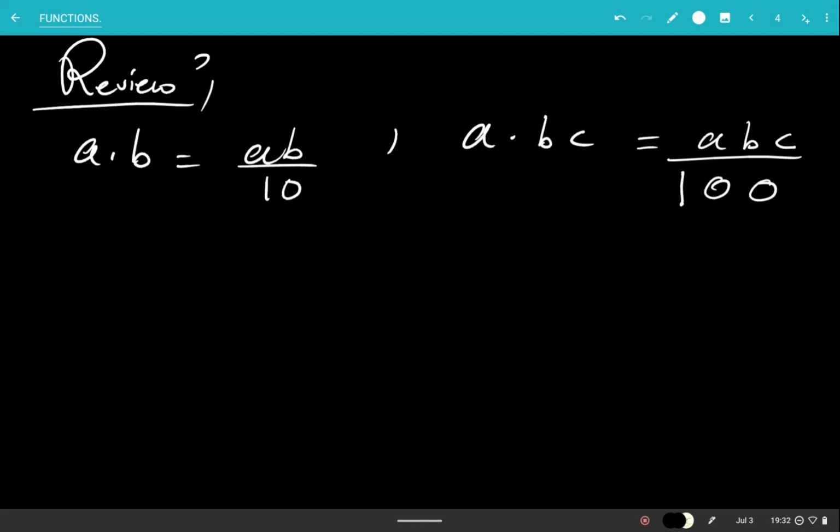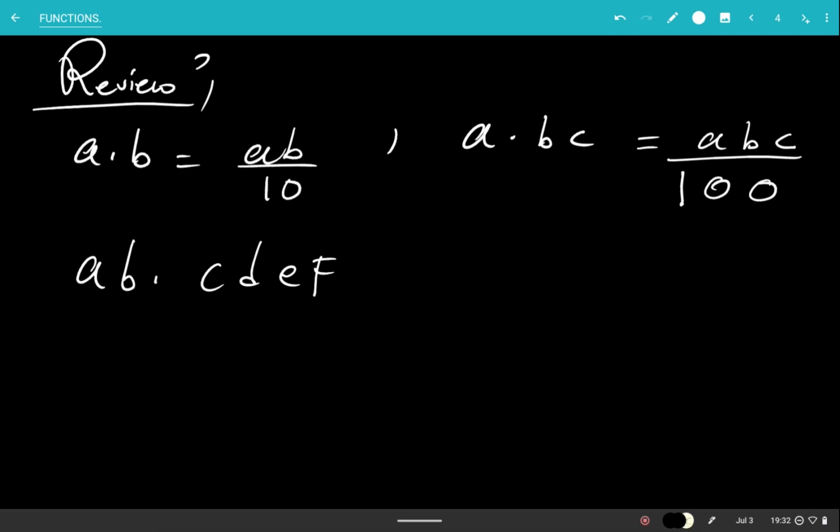So I have converted a decimal fraction into a single fraction. That's what's going on there. Converting the decimal fraction into a single fraction. So even here, we converted the decimal fraction into a single fraction.